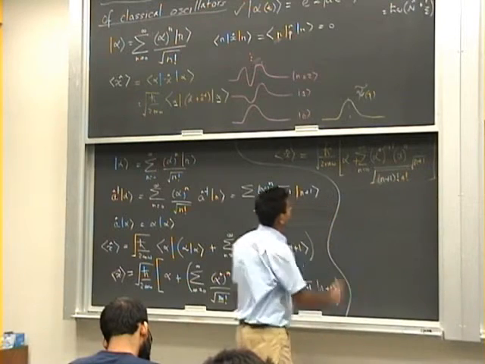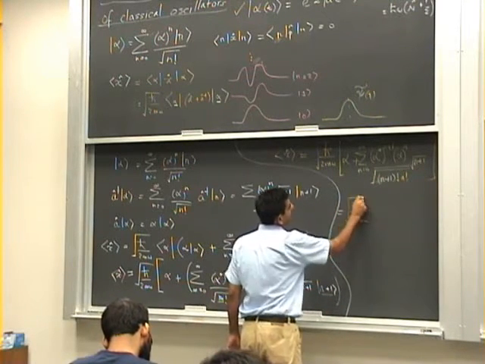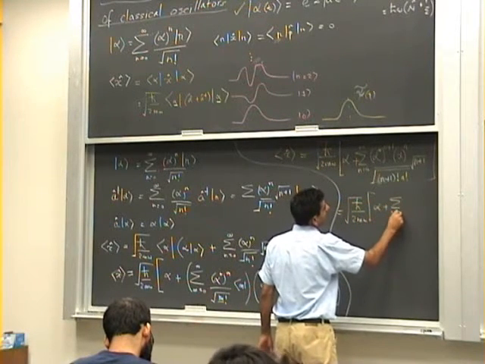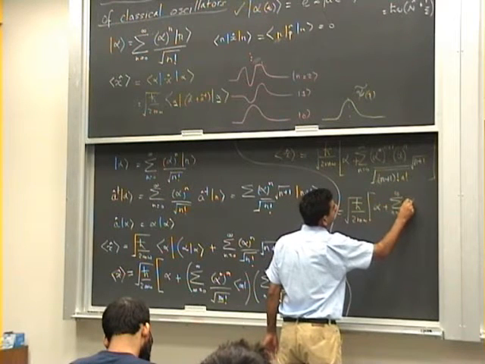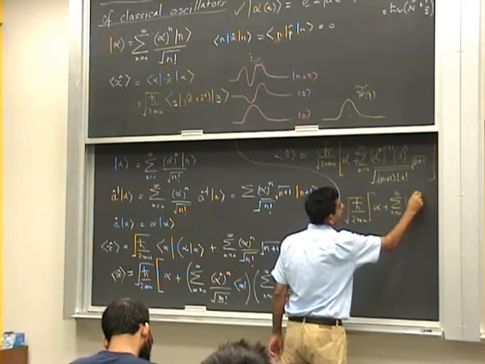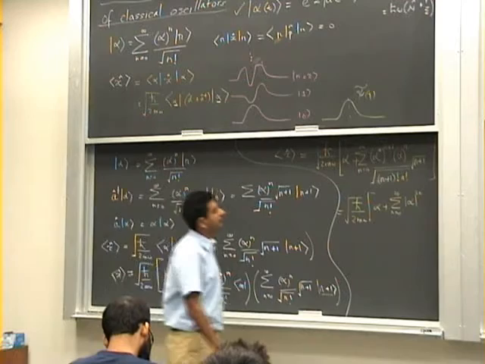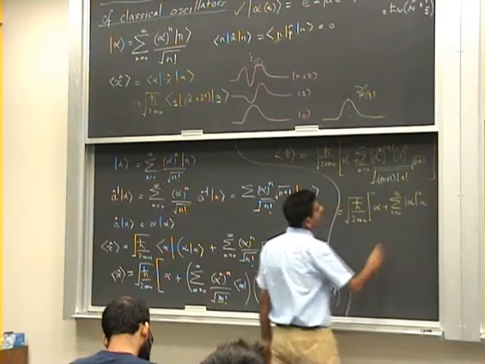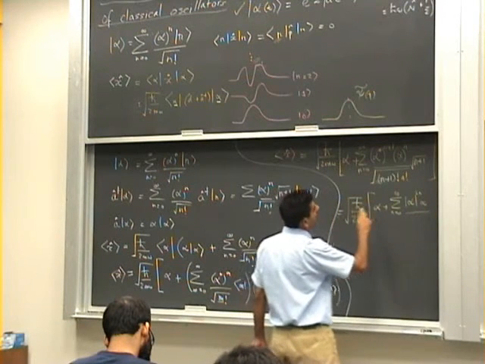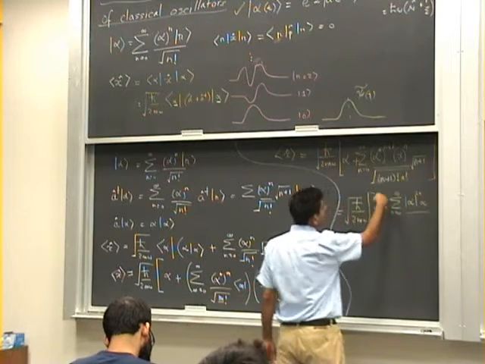Okay? So this becomes h bar over 2m omega, alpha plus, sum to infinity, alpha modulus to the power n, for 2m, alpha. Now, what's the result of this?